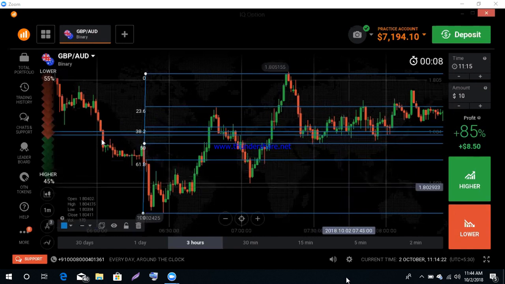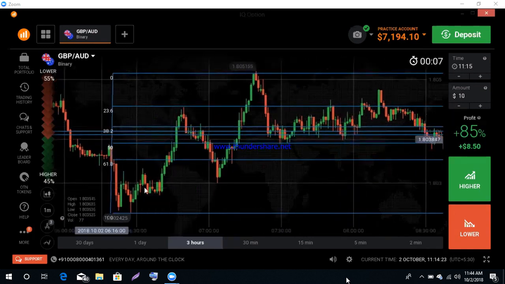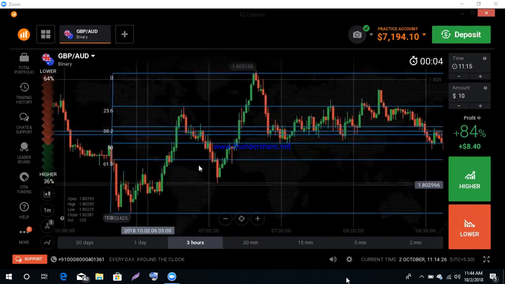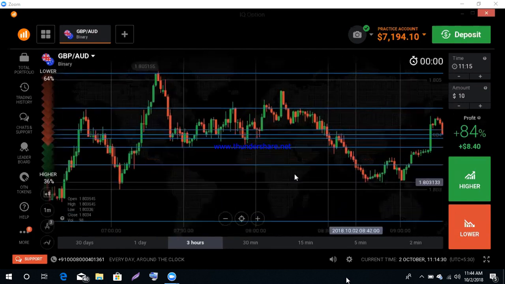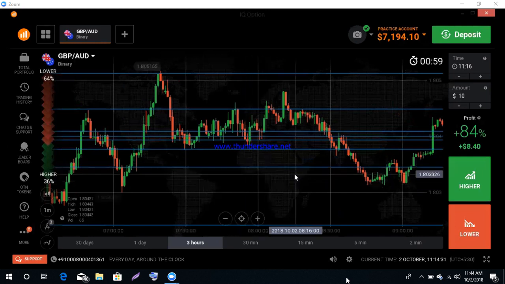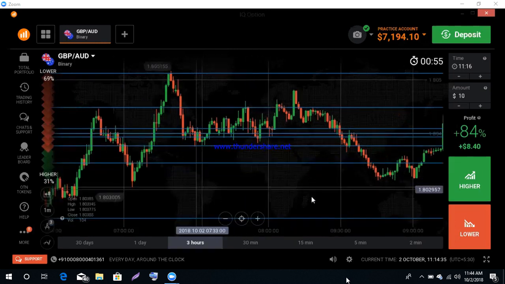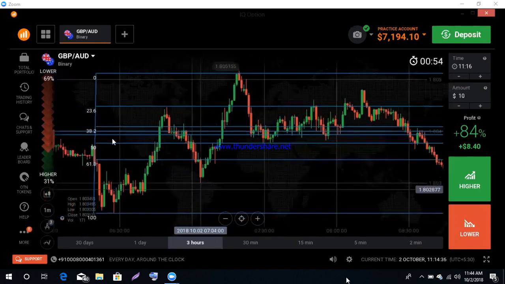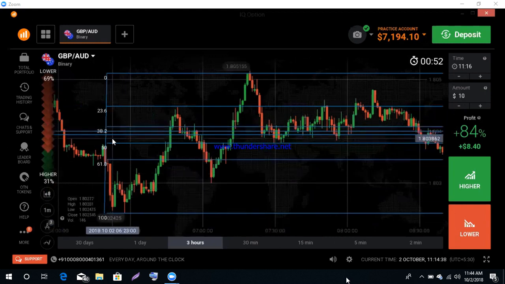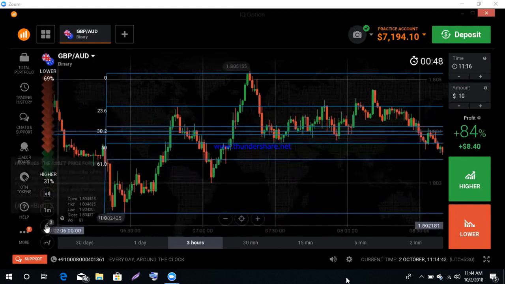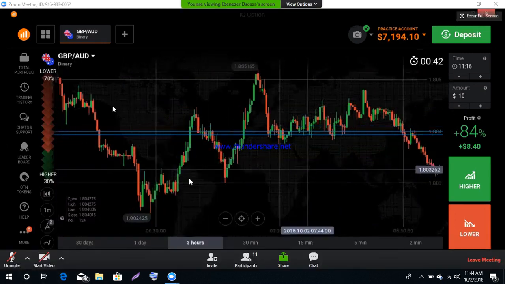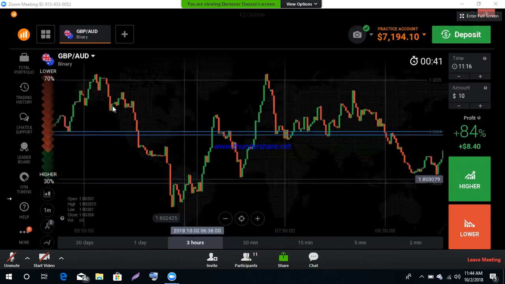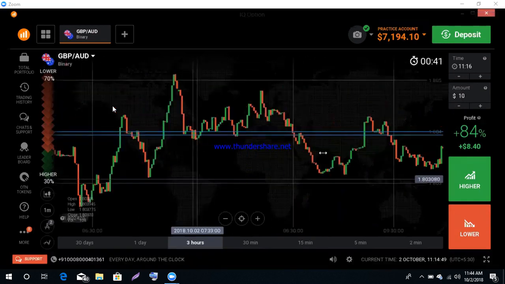You can consider this level as a strong level because all lines will work as support and resistance, but only this 38.2 level is working as a strong level here. So you can consider this 38.2 as a strong level here.